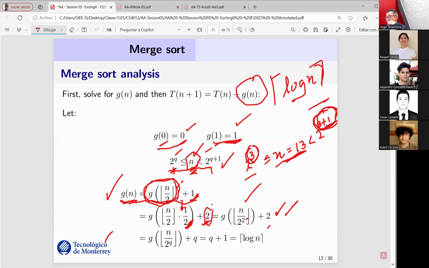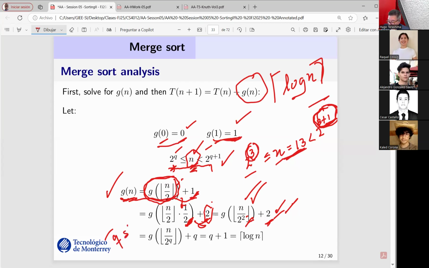And I get, actually, this is a simplified version of this equation, which is g of n over 2 squared floor plus 2, right? And this is the first step in the substitution. Good? Now, consider that you continue replacing this and you do a few steps.